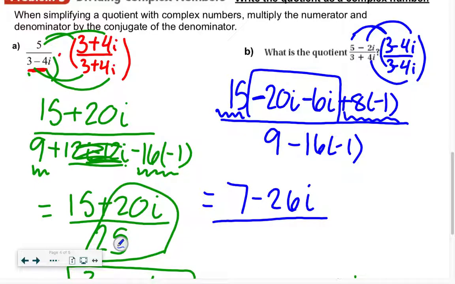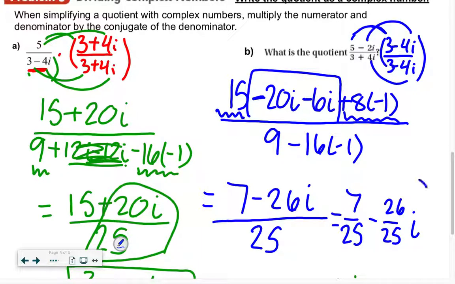What happens to my 16 on the bottom? Becomes positive, and then 9 plus 16 gives me 25. And if we break it up, I get 7 over 25 minus 26 over 25 i.